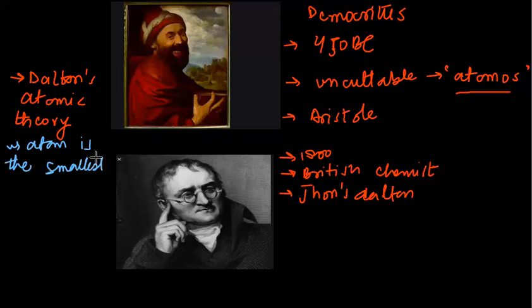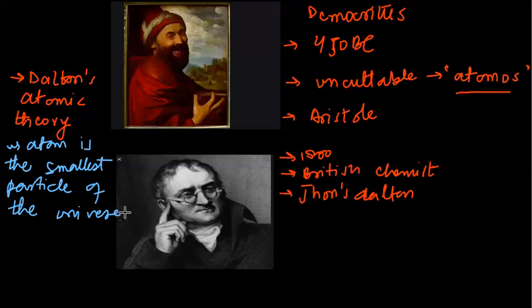He said that the atom is the smallest particle of the universe. His idea was that different combinations of atoms form different substances. That is why you are able to see different substances: some are soft, some are hard, some have different textures, some are sweet.